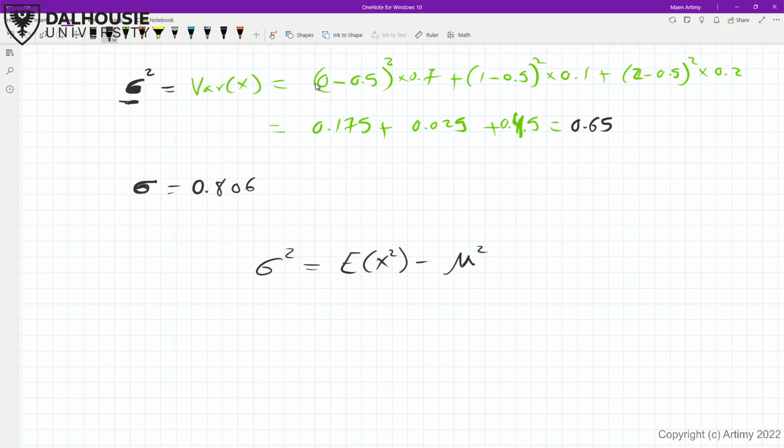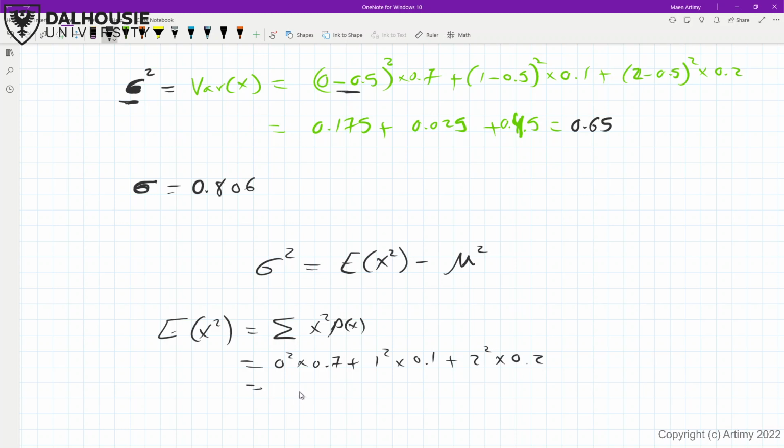If I want to repeat the same exercise here using X squared instead of the subtraction, I can do it by saying E of X squared is the sum of x squared p(x). So that is 0 squared multiplied by 0.7 plus 1 squared multiplied by 0.1 plus 2 squared multiplied by 0.2.